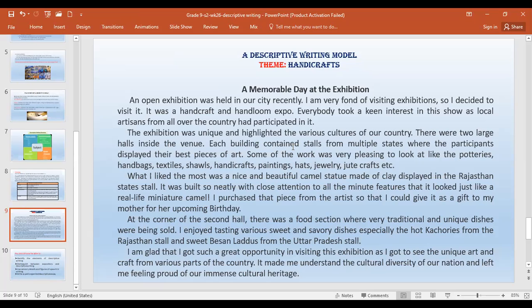Okay, so Hadi, can you tell me what this exhibition is about? What does it exhibit? What is it displaying? Okay, who knows what hand looms are? What do they produce?